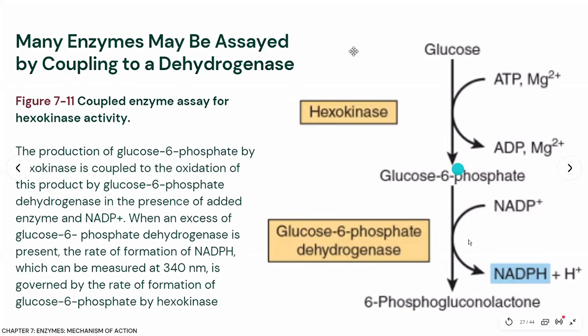Now you cannot assess the ADP as the product there, but you can assess NADPH or NADH. So this is the one that shows in their machine. It is not this one. So they always equate that the amount of product formed would be similar to the amount of hexokinase in action.